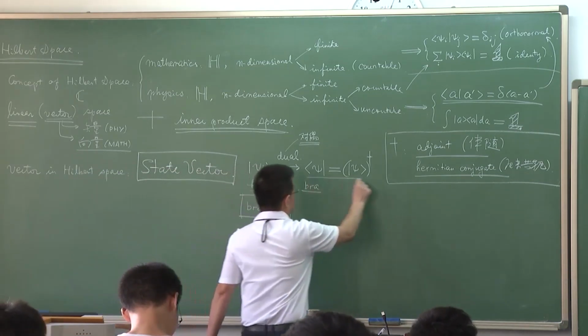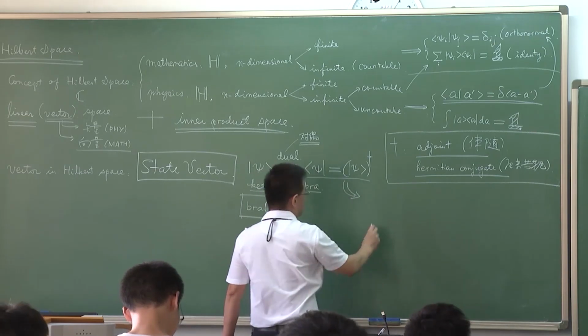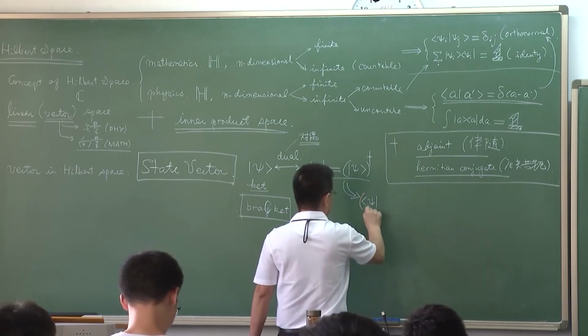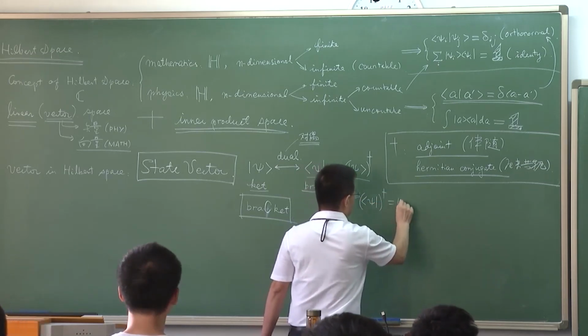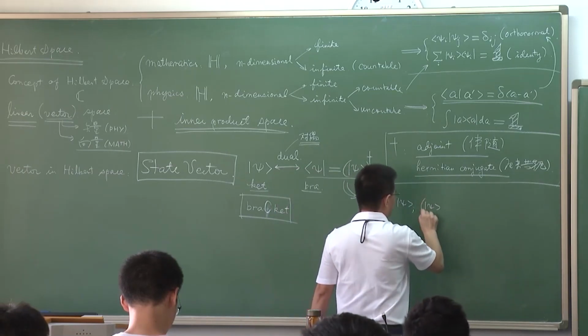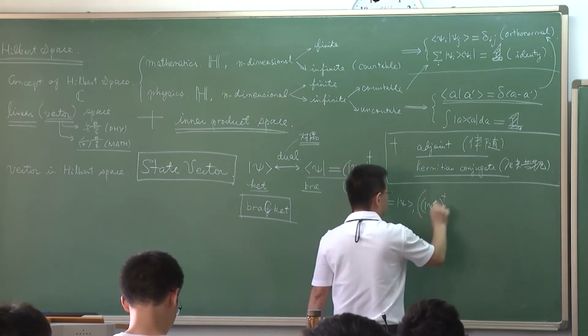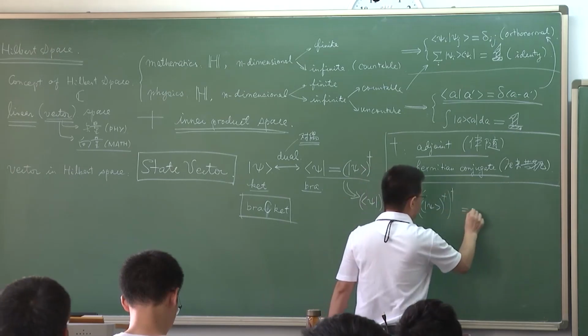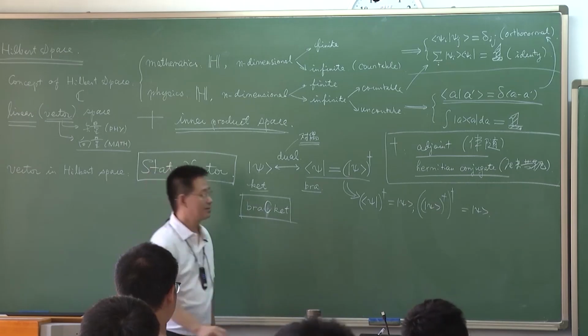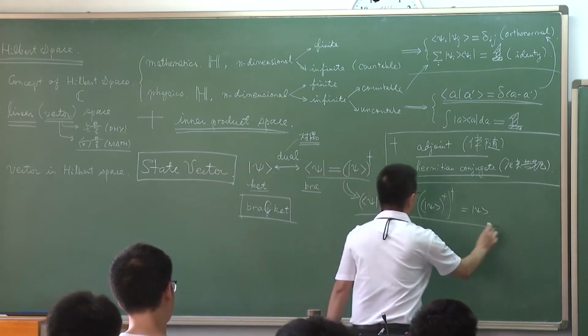And if we take the adjoint and then the adjoint again, it remains invariant. Okay, so these are very important rules for the operation.